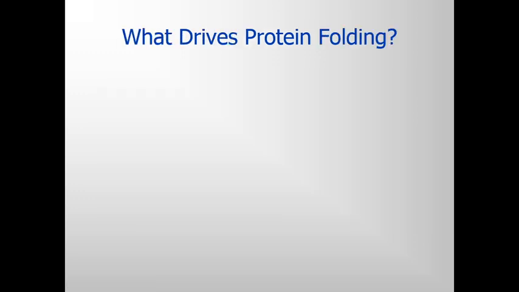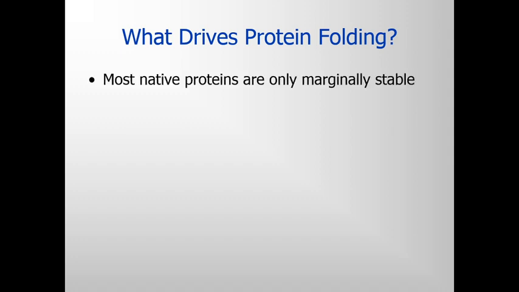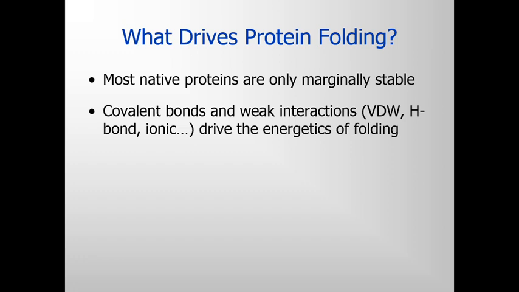The next question is, what drives protein folding? What are the factors that are involved in folding a polypeptide into a protein? Most native proteins are only marginally stable. Covalent and weak interactions drive the energetics of folding. We have seen what covalent bonds are, and we have also seen what weak interactions are, right?